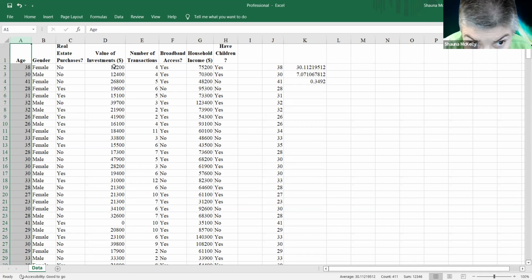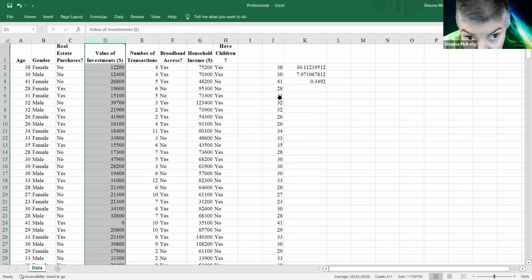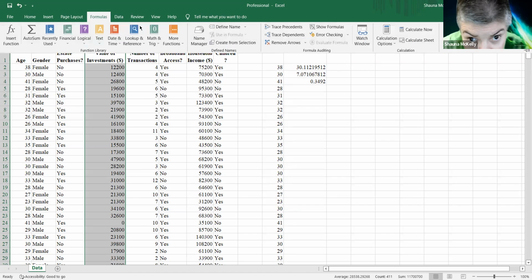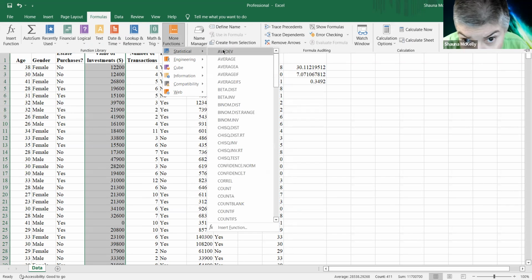But if I select this and copy it, so this is D. Then I go formulas, more functions, statistical, and I go to average, which is the second one.